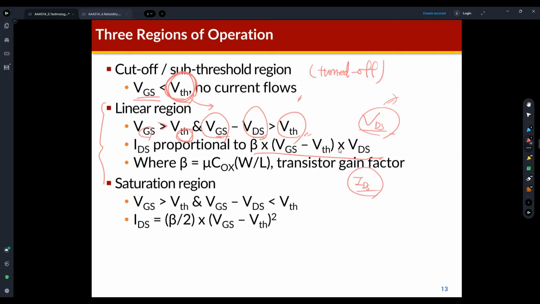Okay, so what is observed? IDS is proportional to beta multiplied by VGS minus the threshold voltage, and then VDS. If we see this linear region equation, we can find this IDS. Why do I focus on IDS? Because it's related to power consumption. So IDS is proportional to VGS minus the threshold voltage level and VDS.